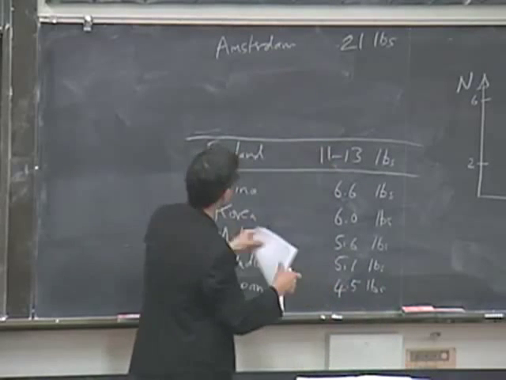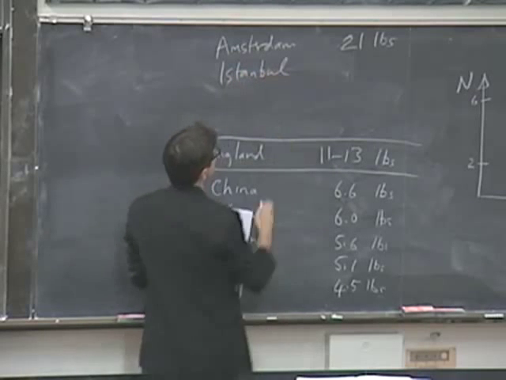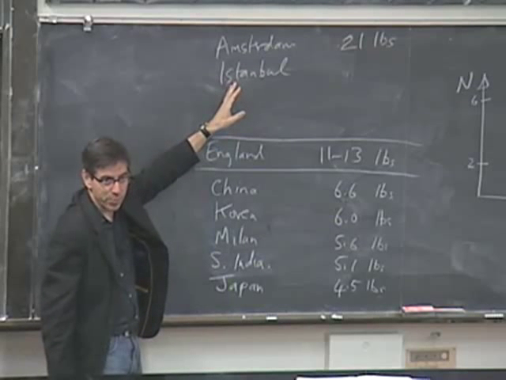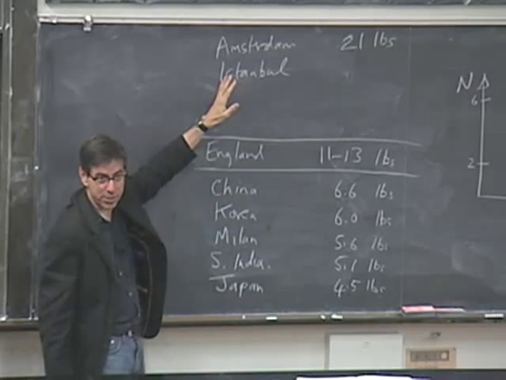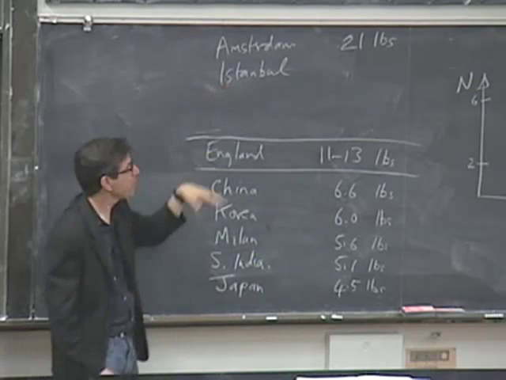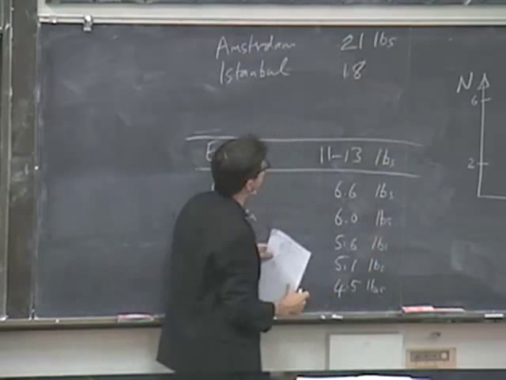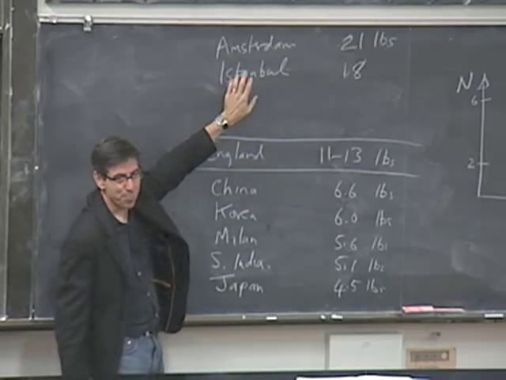Let me just give a few other examples. One of them is Istanbul, which is Constantinople, right? Which was the center of the Byzantine Empire for many years, and then of the Ottoman Empire. Its wage around about 1800 is 18 pounds, right? Now remember again, Istanbul is a big city, right?